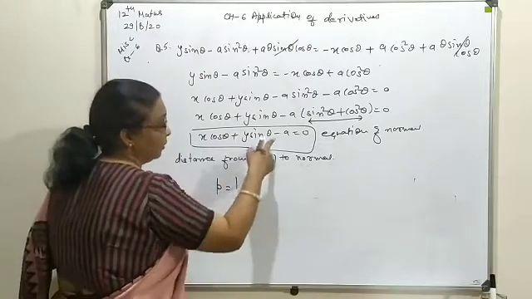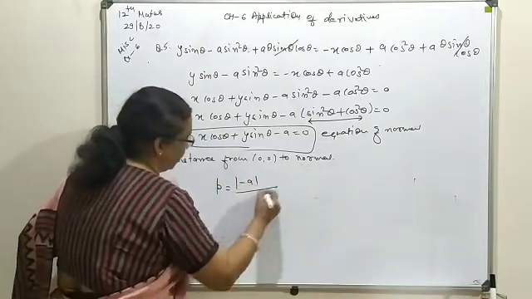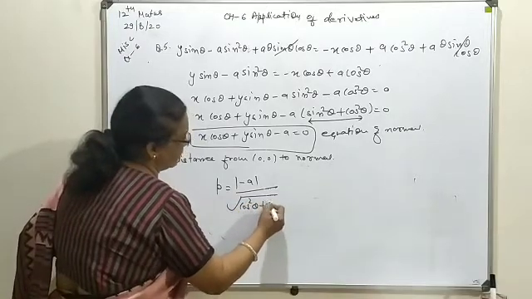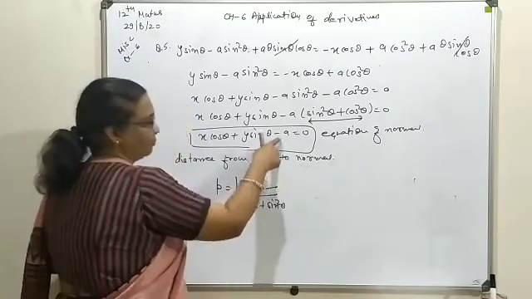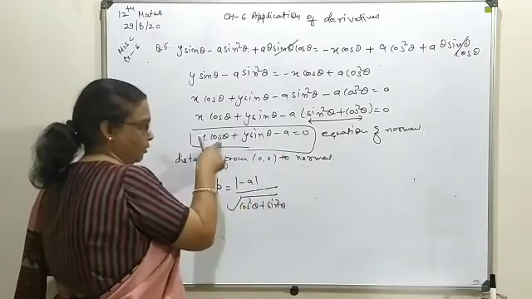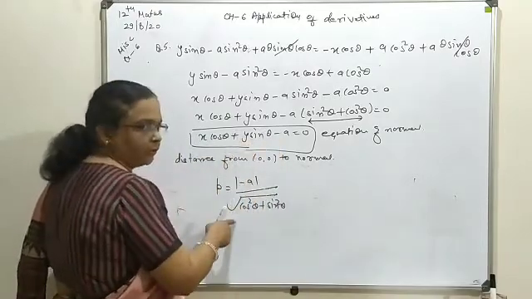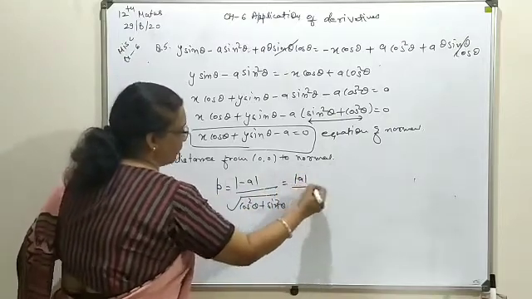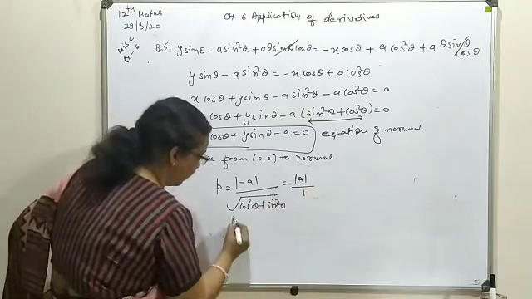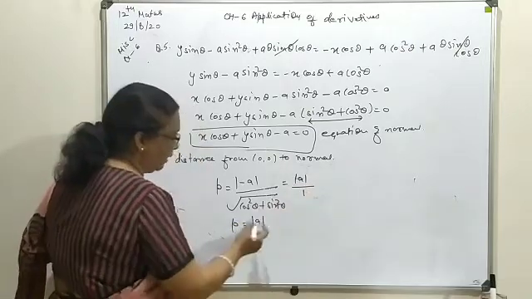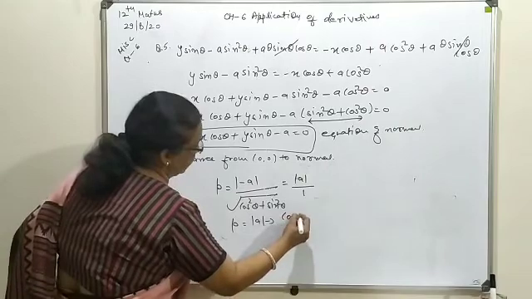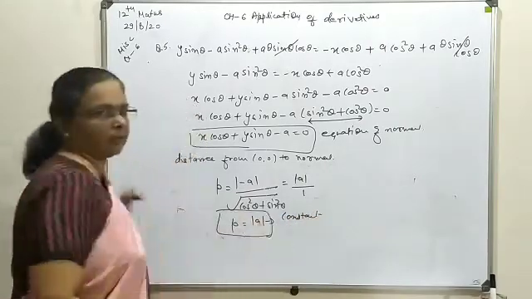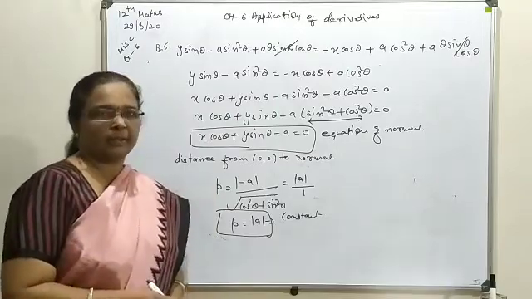So this will give you minus a upon under root cos square theta plus sin square theta, that means c upon under root a square plus b square. Being a modulus value, this will give you a only. This will be 1. So p you can take as modulus of a, which is a constant quantity. So this way this distance has turned out to be a constant quantity.